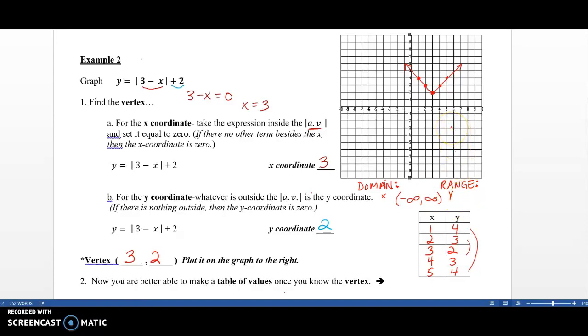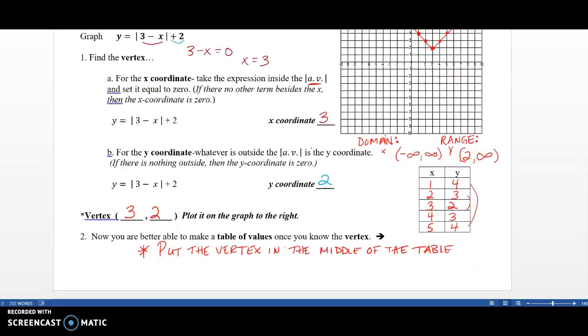If we look at the range of values, notice that our graph does not exist below a y value of 2. So our 2 is our lower end, and then it goes up to positive infinity. So two things you should note, some good tips. The first one is to put the vertex in the middle of the table. And another one is to choose x values on either side of the vertex.